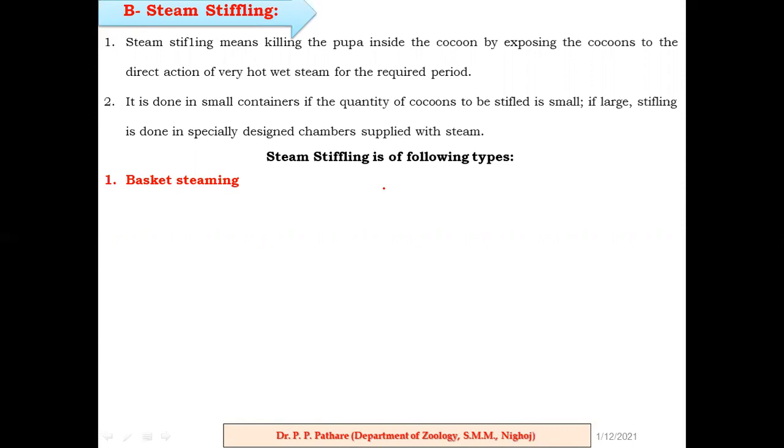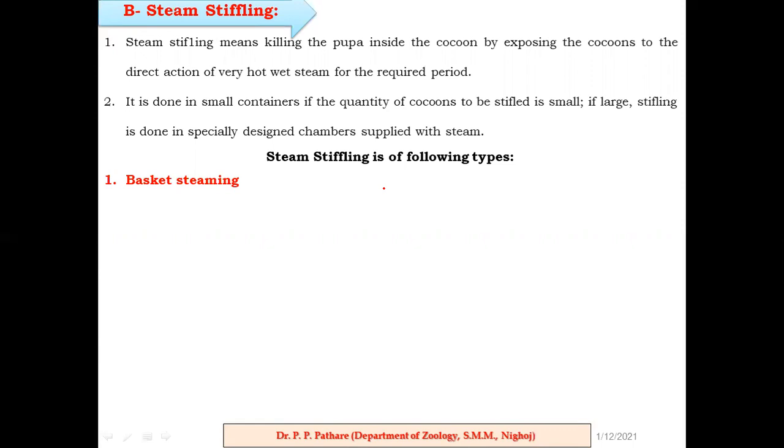But after modification and after increasing the scale of the silk industry, the farmer can choose another method besides sun drying. These are the commercial methods. They include steam stippling, and steam stippling has three types of methods to dry the cocoon.